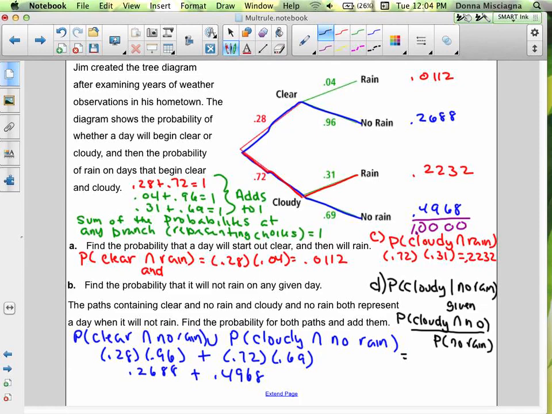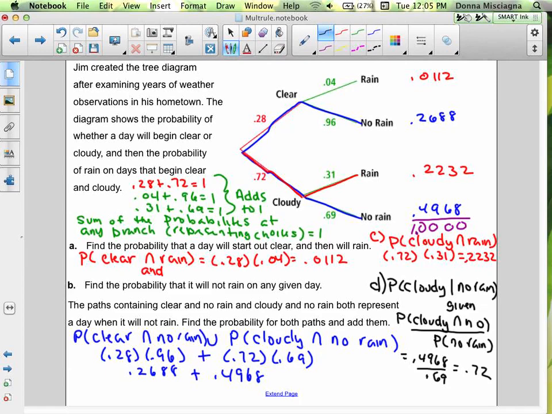Well, we know already the probability of cloudy and no rain because we figured that out. It was 0.4968. If we divide that by the probability of no rain, we get, surprise, surprise, if you divide 0.72 times 0.69 by 0.69, you're going to get 0.72.